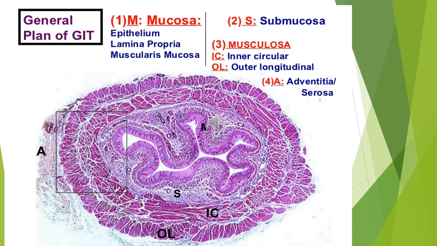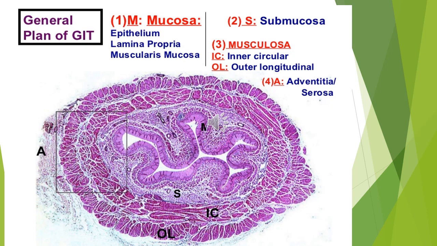Number one is the epithelium, then the lamina propria, which is made up of loose connective tissue with blood vessels and lymphatics. The third layer, which is a part of the mucosa, is the muscularis mucosae, a layer of smooth muscle fibers arranged as inner circular and outer longitudinal.